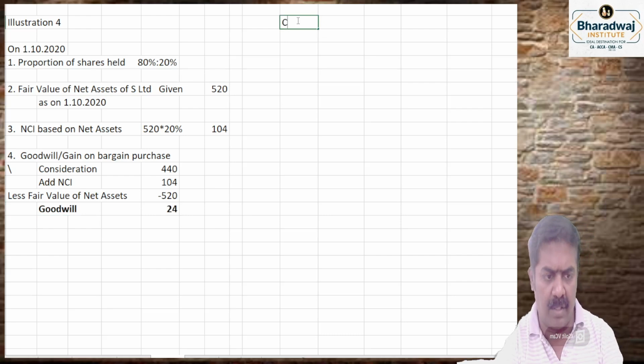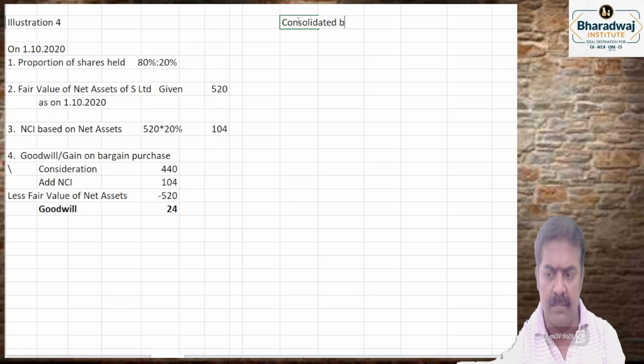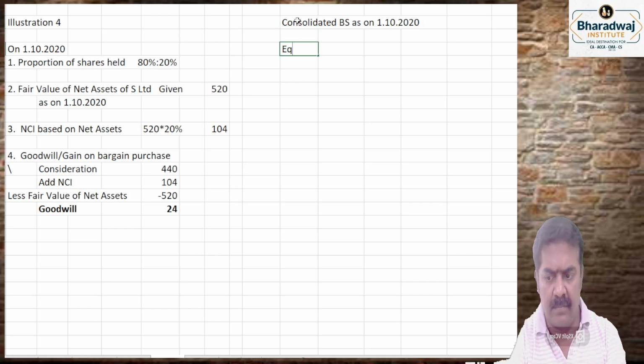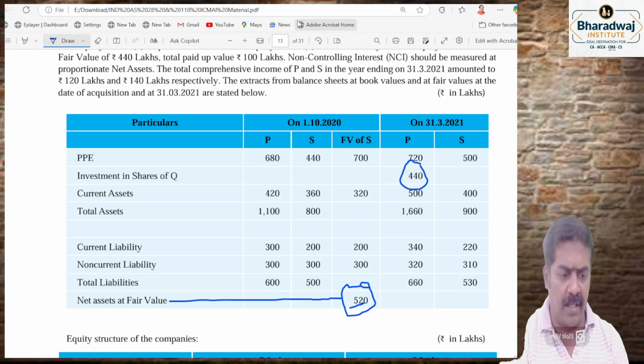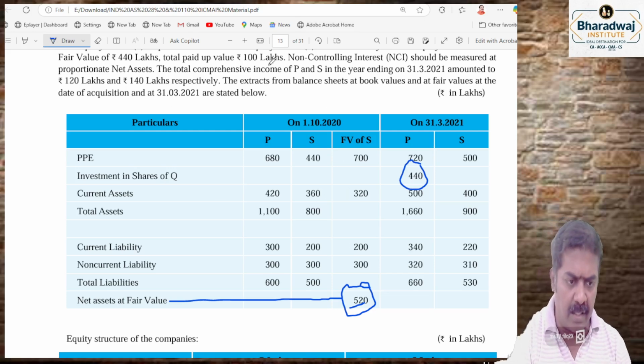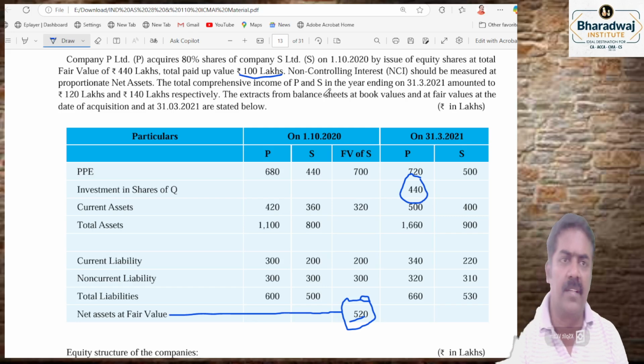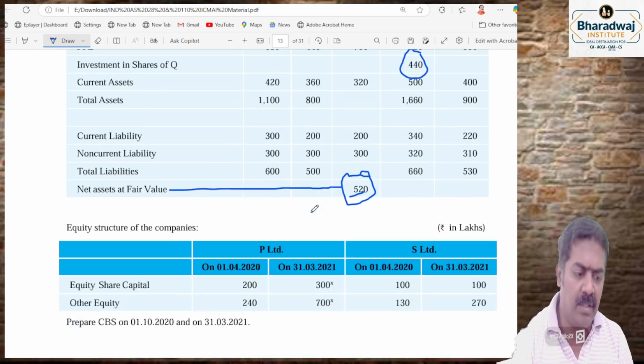Now they ask you for the consolidated balance sheet as on 1/10/2020. Equity share capital: paid up value how much? 100 lakhs we issued.